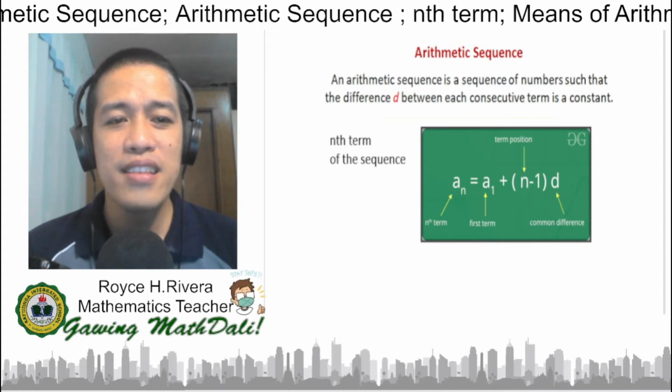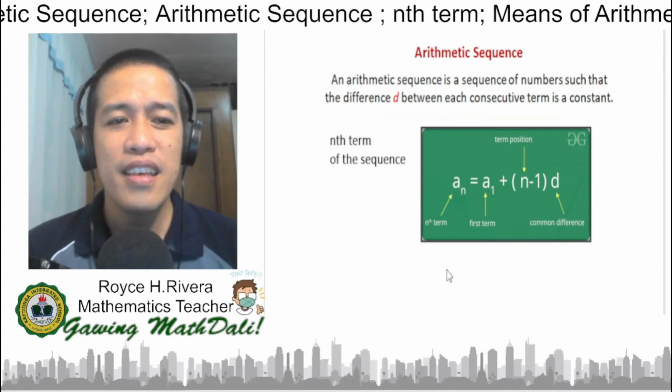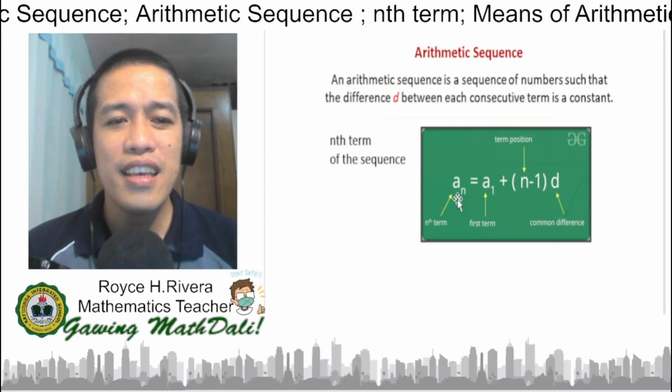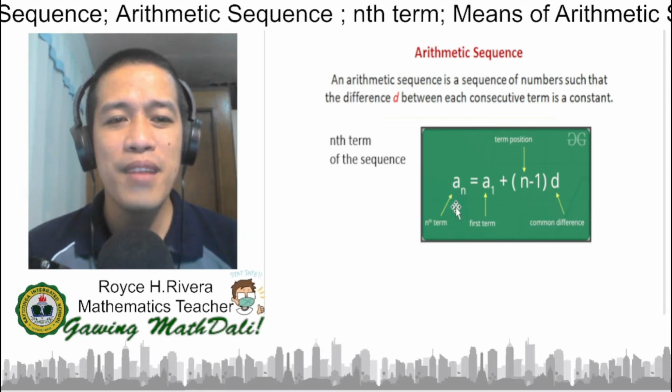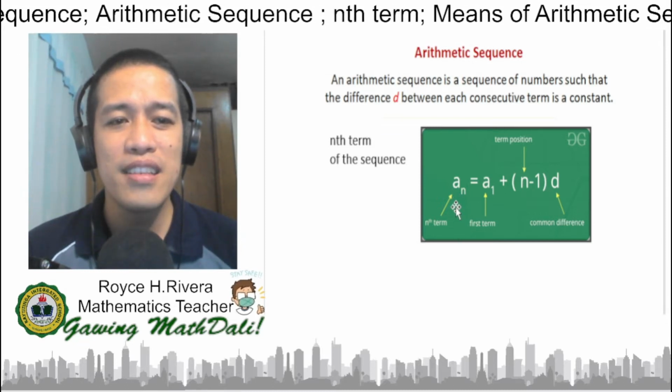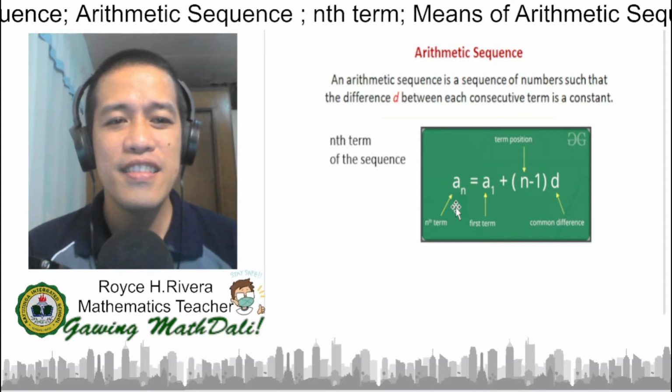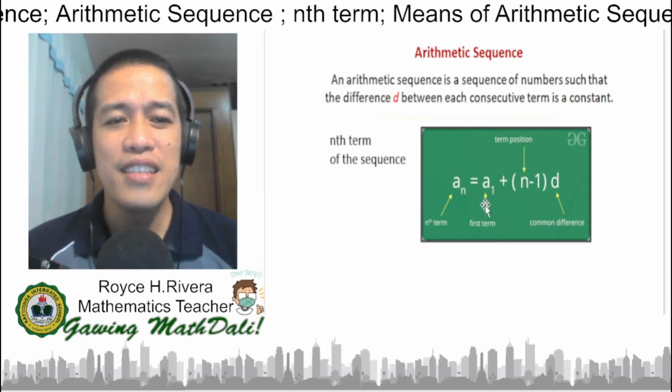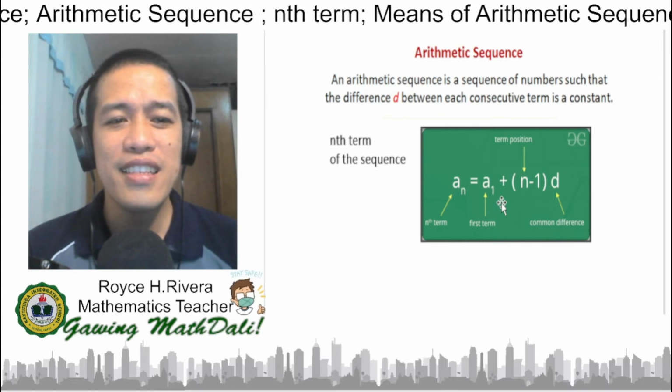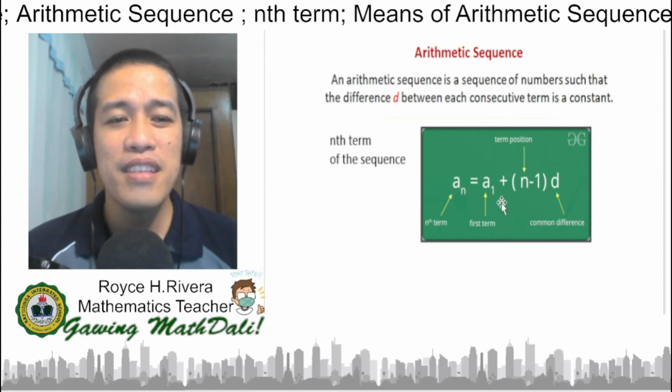Here are the parts. A sub n is the nth term of the given arithmetic sequence. A sub 1 is the first term of the sequence.